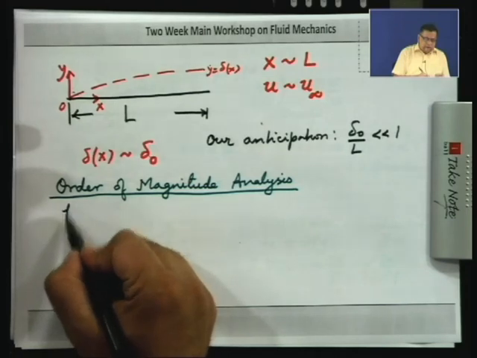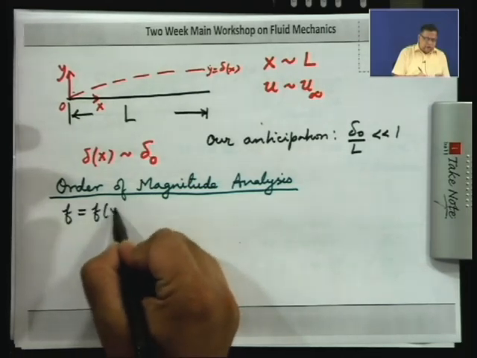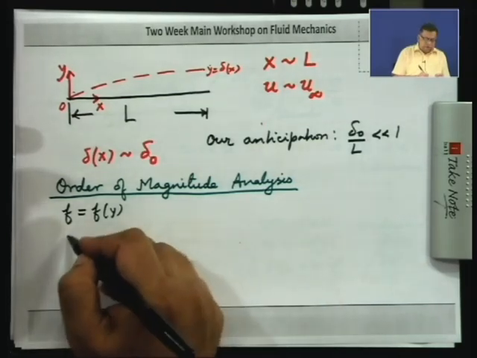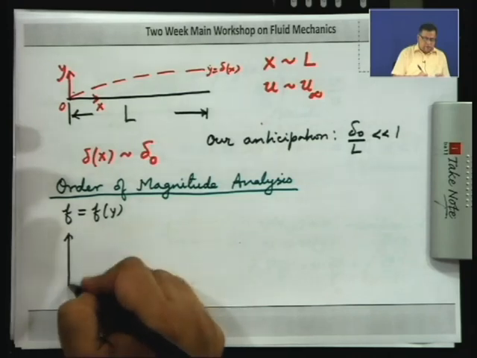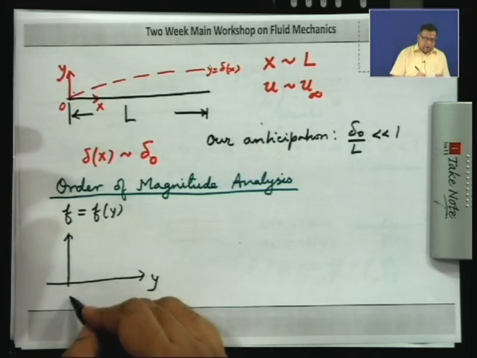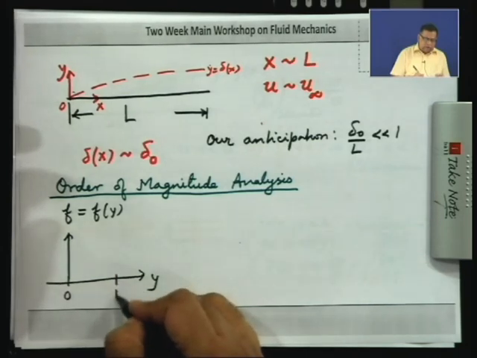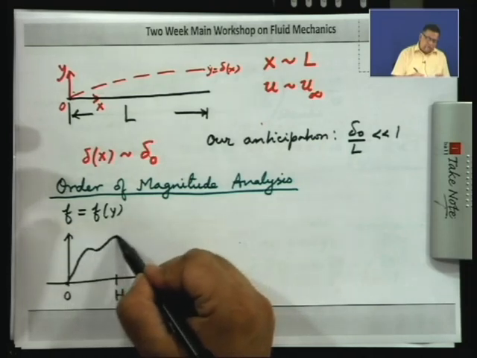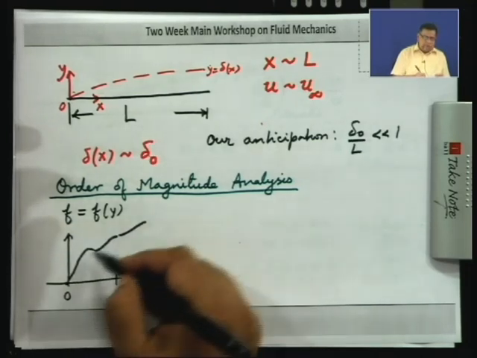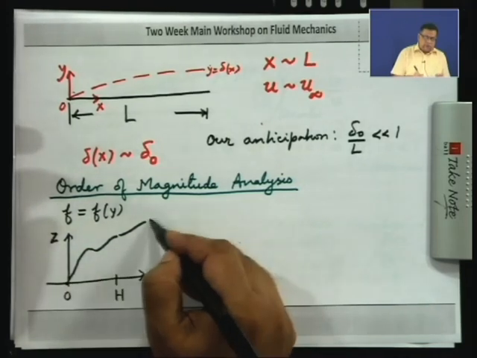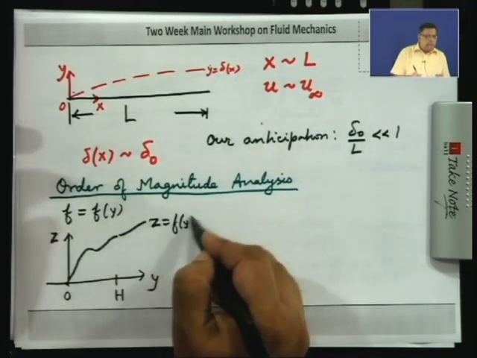If I say f is a function of y, let us say, if I plot this f versus y, and let us say I am interested in going from 0 to some h, the function may have some kind of a form. We are interested only in, so if I say this is z and this is z equal to f y, this is the graph.